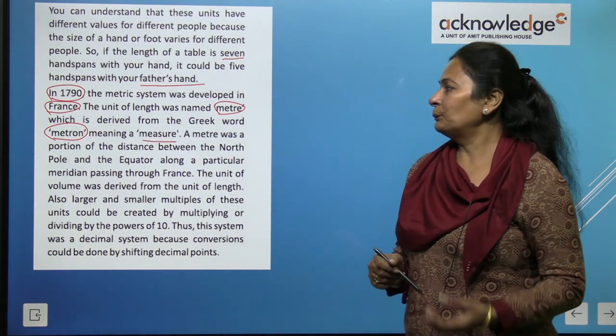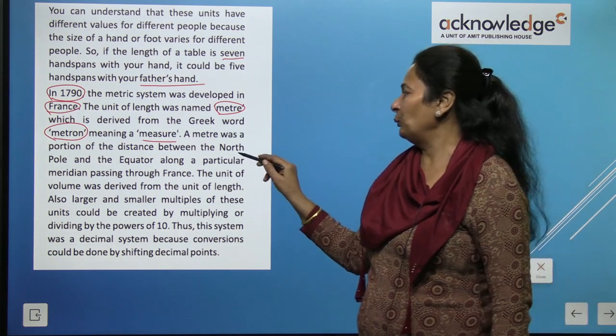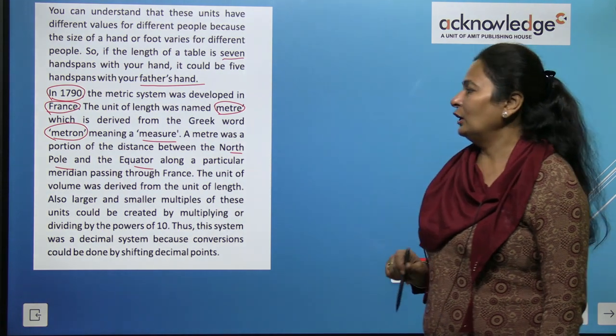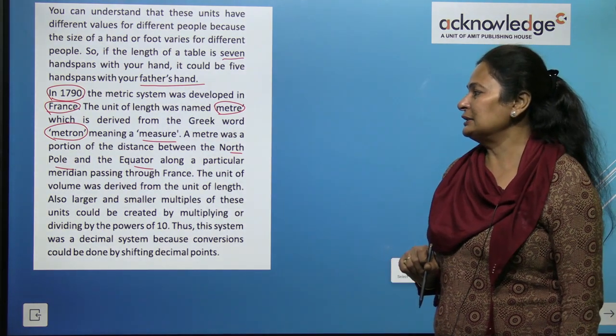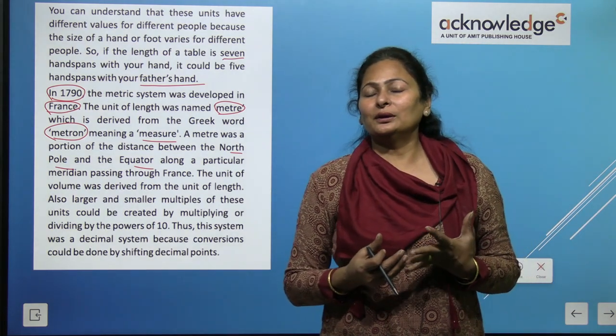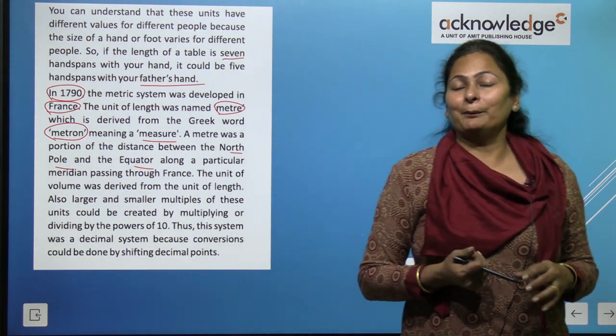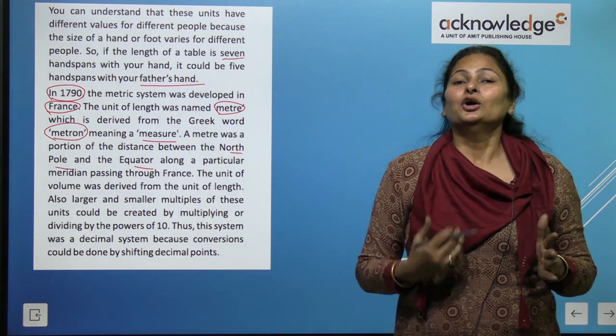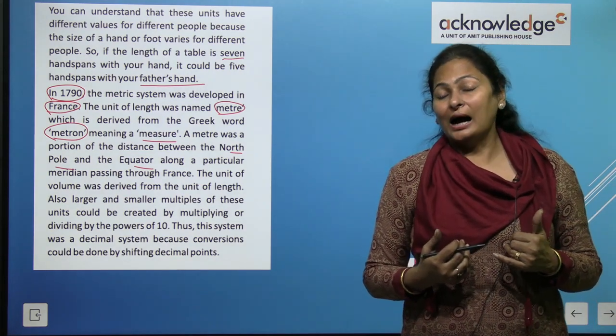A meter was defined as a portion of the distance between the North Pole and the equator along a particular meridian passing through France. We all know the equator is an imaginary line that divides our earth into two equal halves.